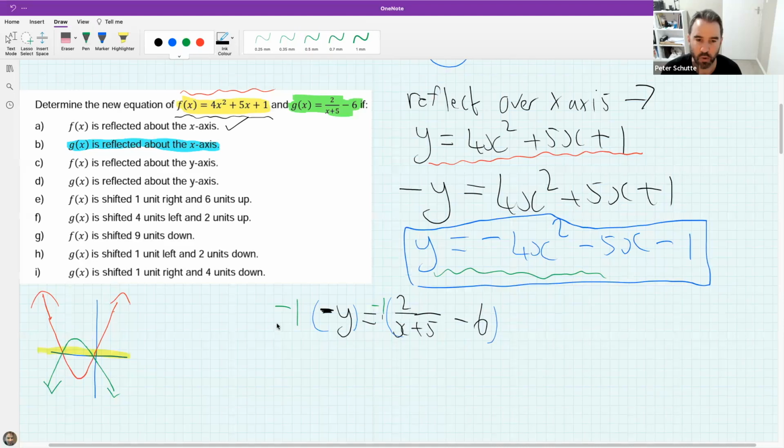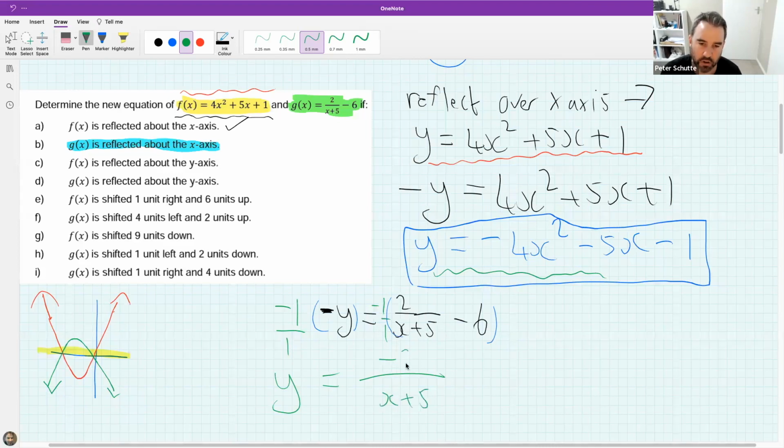But -1 can actually be written as -1 over 1. And then over here, this becomes y. The 1 goes to the bottom, it doesn't change anything. But the -1 goes to the top and gives you that. But then also I need to apply it here, and that's where I get the +6. Okay. Thank you very much, sir.